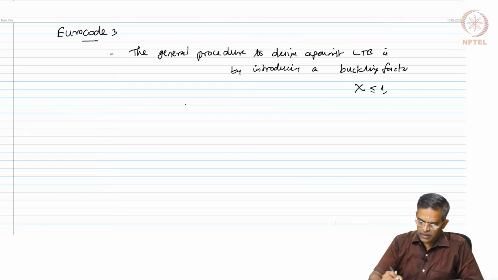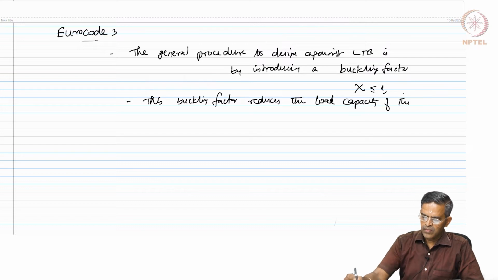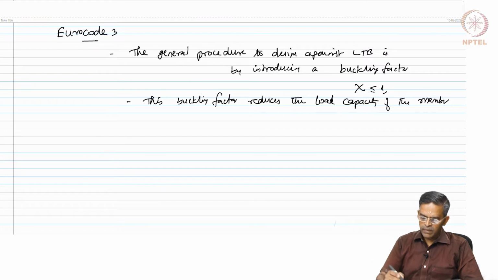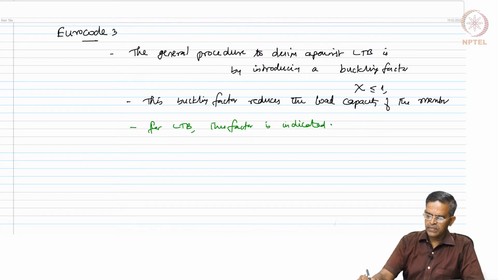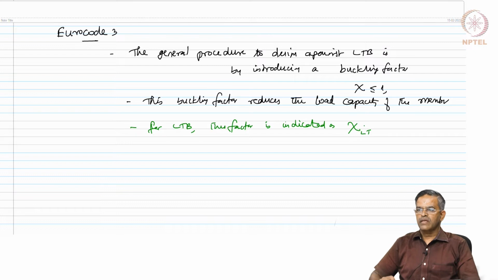This buckling factor reduces the capacity of the member. To be very specific, when I am using this check for lateral torsional buckling, this factor is indicated as psi LT. LT stands for lateral torsional buckling.